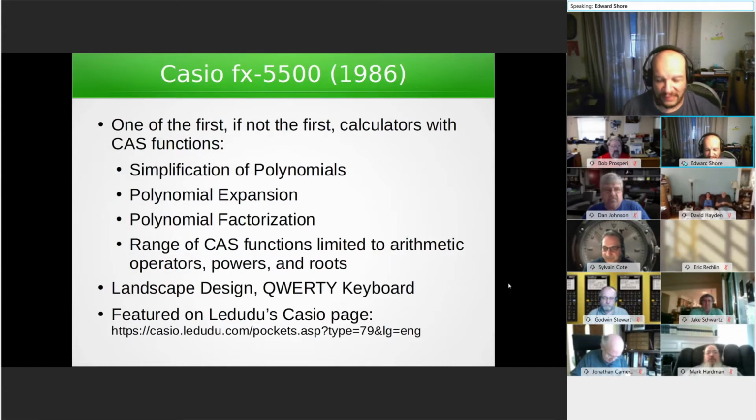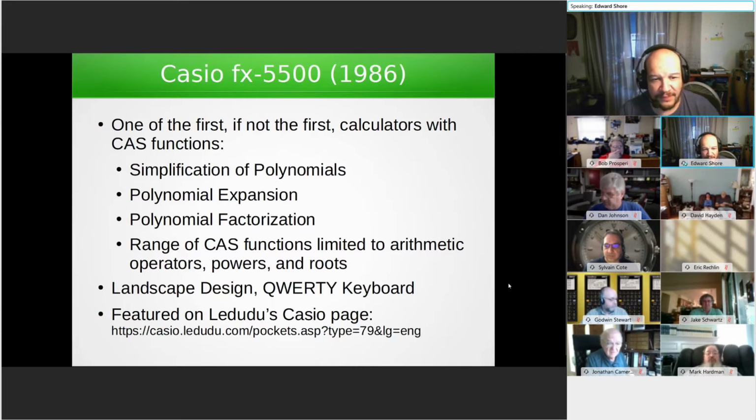One of the first, if not the first, calculators with CAS functions is the Casio FX5500. This is different from the better known FX5500L. The 5500 has a landscape design and a QWERTY keyboard, and it's configured more as a pocket programmer.